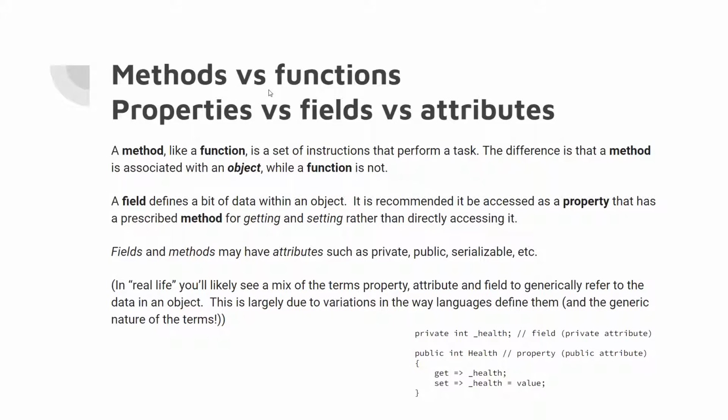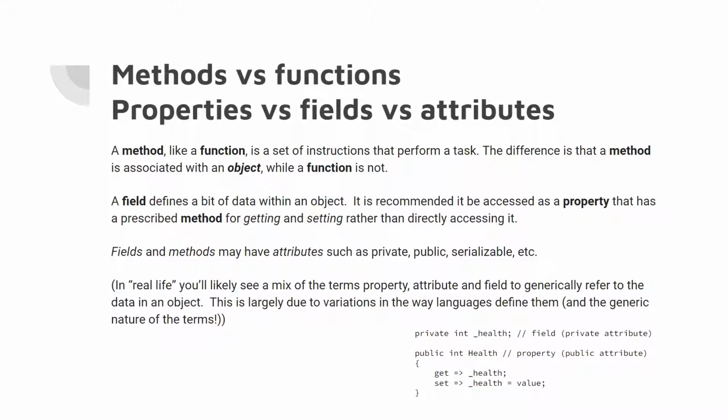Now, it does get a little more finessed in terms of some of these things. You'll hear methods versus functions, properties versus fields versus attributes. I'll leave it to the computer science courses to take you down those paths in far more detail.